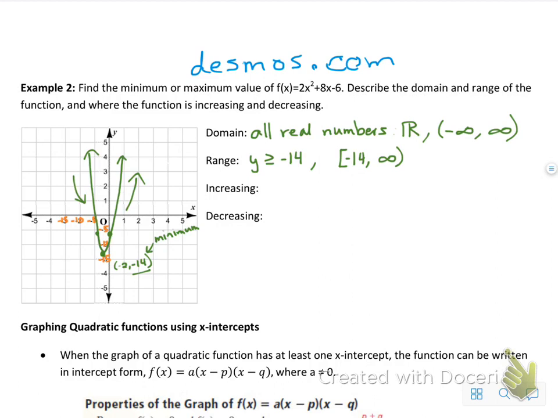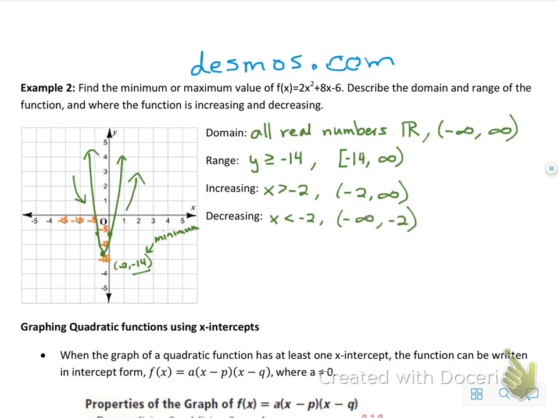So it is increasing when x is greater than our vertex, that negative 2. So x is greater than negative 2, or negative 2 to infinity. And it's decreasing where x is less than negative 2, so negative infinity to negative 2.